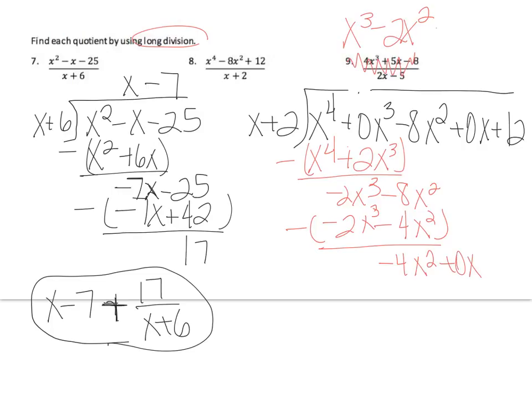So this would be minus 4x. Negative 4x squared minus 4x. Subtract, and I have 4x plus 12. So plus 4.